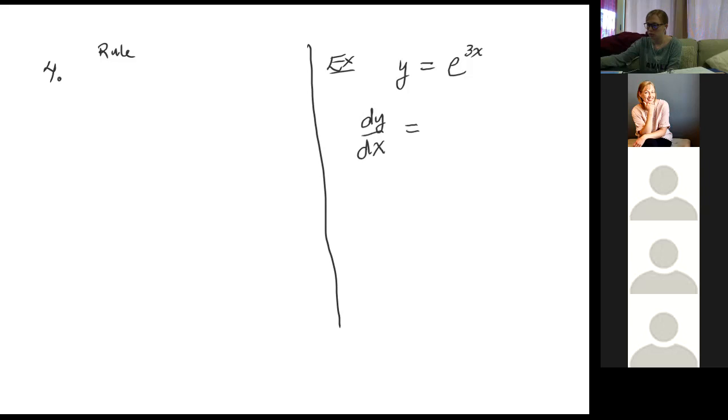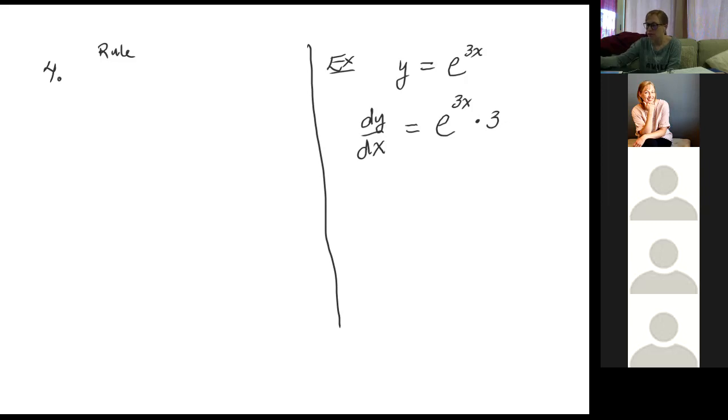Chain rule tells me that I take the derivative of the outside function. The derivative of e to the x is just e to the x, so the derivative of e to something else is e to whatever that something else is. And then I have to multiply by the derivative of whatever is in the power. So the derivative of 3x is 3, right?